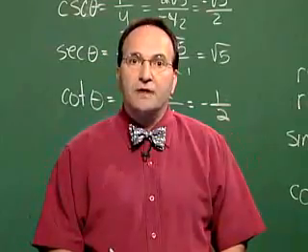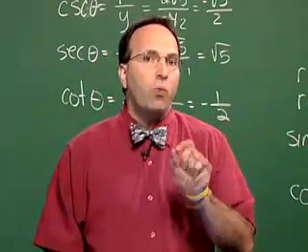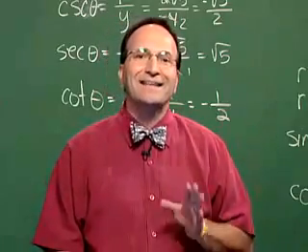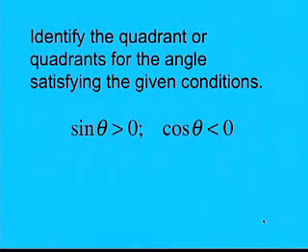What I want to do next is an example in which we determine the quadrant or quadrants that an angle lies by evaluating the signs with the given conditions. So, identify the quadrant or quadrants for the angle satisfying the given conditions that sine theta is greater than 0 and cosine theta is less than 0.